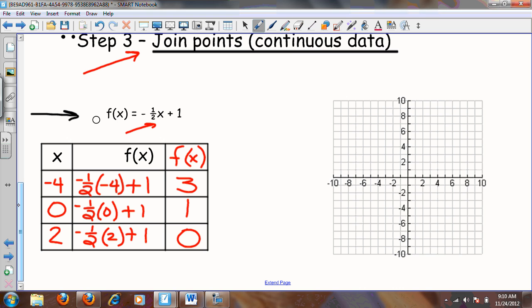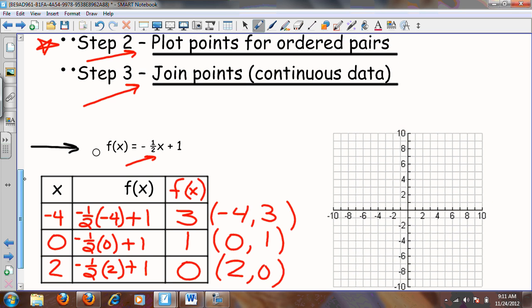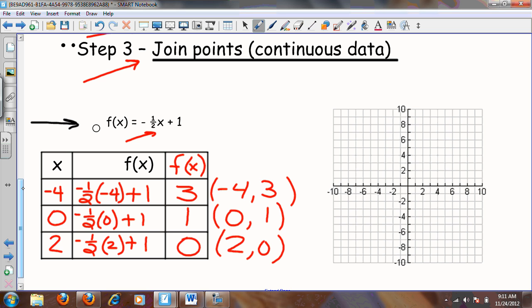So my x, y pairs are -4, 3; 0, 1; 2, 0. Okay? I'm going to graph, step 2, plot the points of the ordered pairs. Here we go. -4, 3; 0, 1; 2, 0.